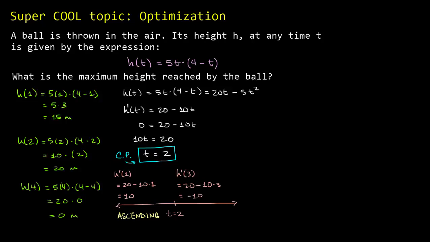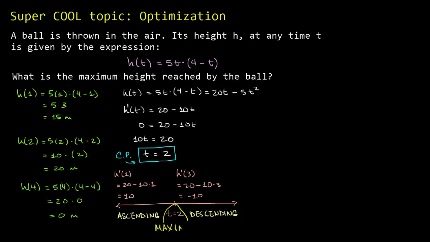So this is telling us that after t equals 2, the function starts descending. Since the function starts ascending and then starts descending, this has to be a maxima.